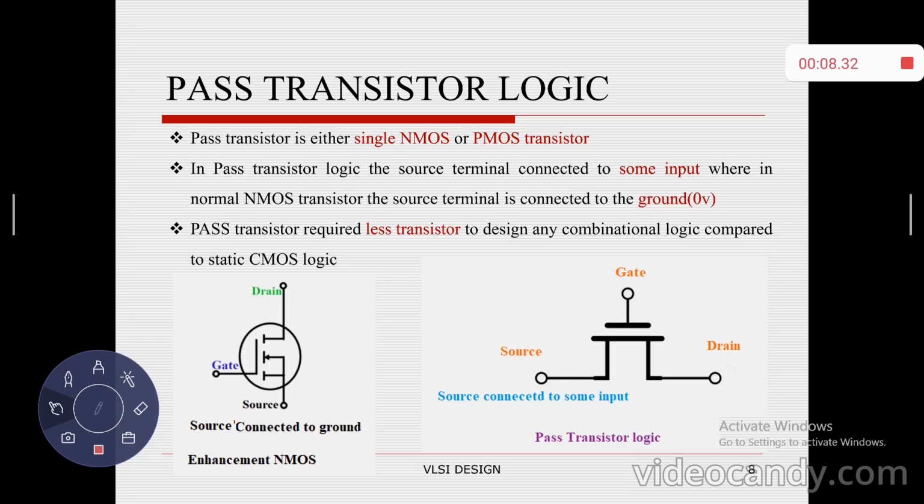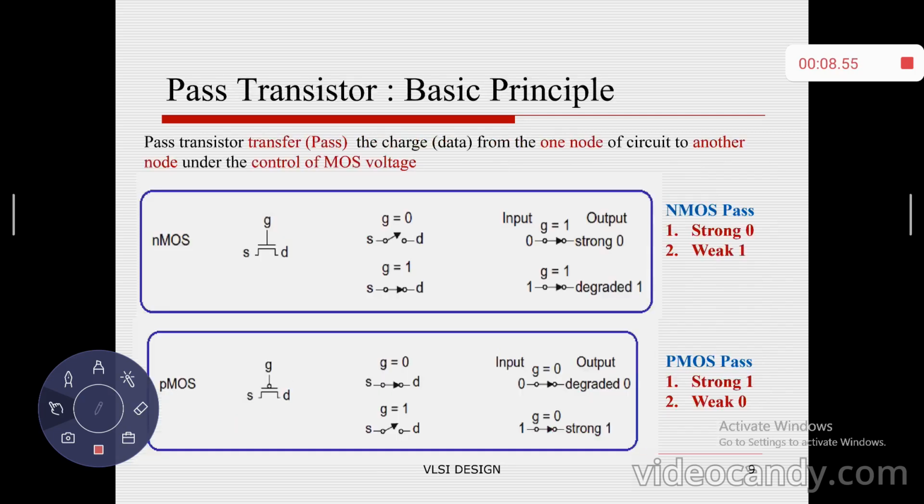Whatever input information you connect at the source end is passed to the drain terminal according to the control signal connected at the gate terminal. If the transistor is on, the source is connected to the drain. If the transistor is off, it acts as an open circuit.